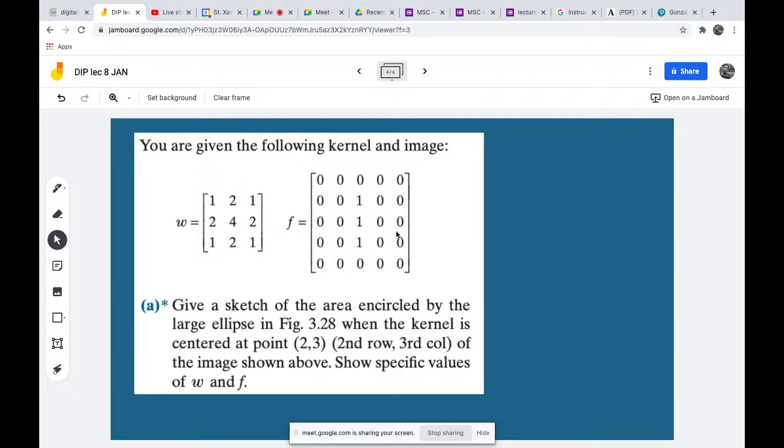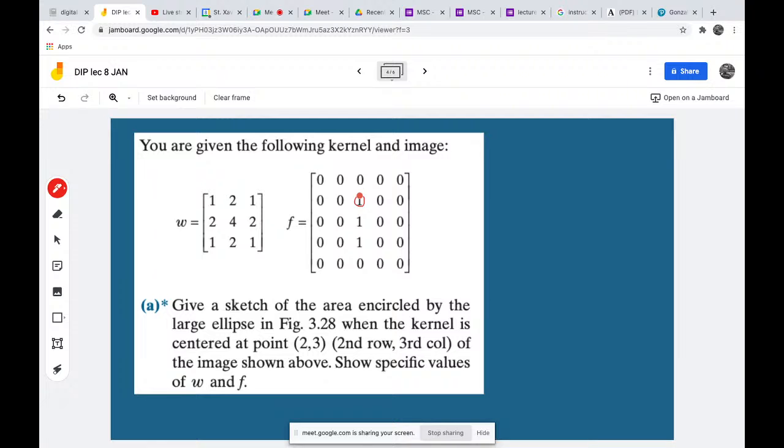Again, I really don't know how this question is counting. So just to make it interesting, I will take 2, 3 as first row, second row, first, second, third. So if you look at it, this is my 2, 3.